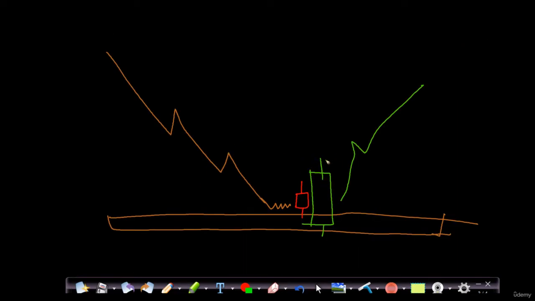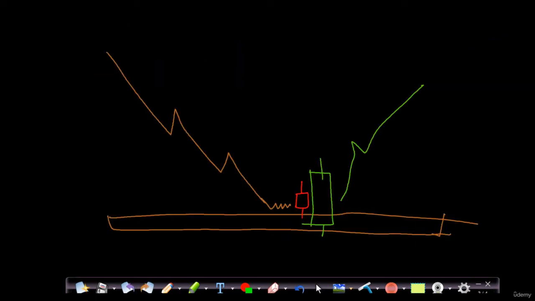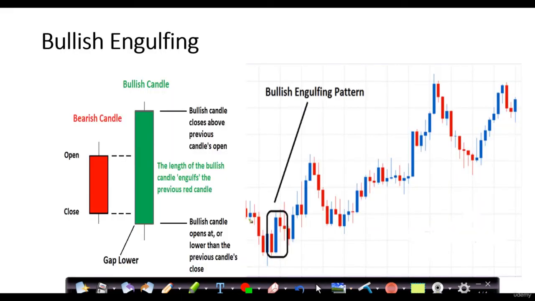Now the next question is how to make an entry in this area and this area. Let's look at a simple example here. If you look at the chart, as I always say, always wait for the breakouts. Mark the high, mark the low of this candle, and whichever candlestick crosses this bullish candle, just enter at that level.